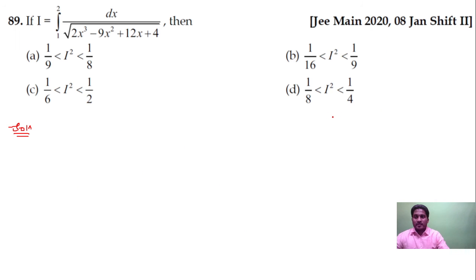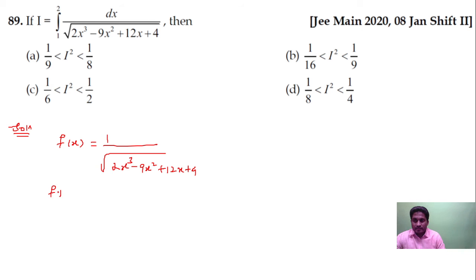Now f of x is equal to 1 upon root of 2x cube minus 9x square plus 12x plus 4. F of 1 will be equal to 1 upon root of 2 minus 9 plus 12 plus 4, so you get root 9, which is equal to 1 upon 3.